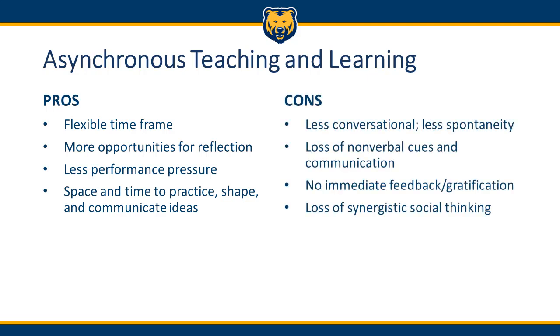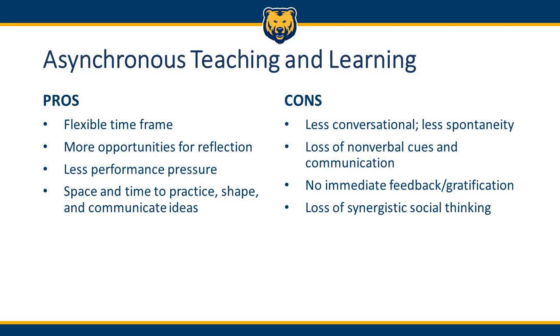Some of the cons is that it is less conversational, it's less spontaneous, and you lose the non-verbal cues and other non-verbal communication things that you get when you're in a synchronous space. Even when you're online and synchronous, you have more verbal cues, non-verbal cues, and so you lose that. There's no immediate feedback, and for some, there's no immediate gratification.